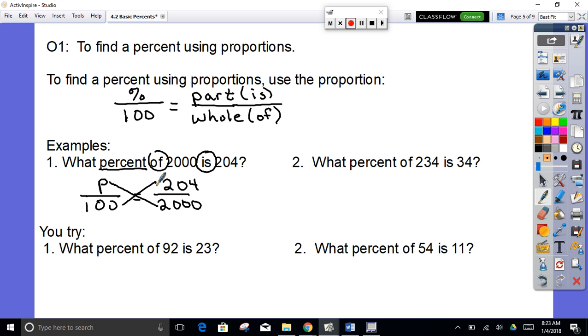So we get 2,000p equals 100 times 204, which is just 204 with 2 zeros. And then to solve that, we would divide both sides by 2,000. So we get P equals 10.2%.